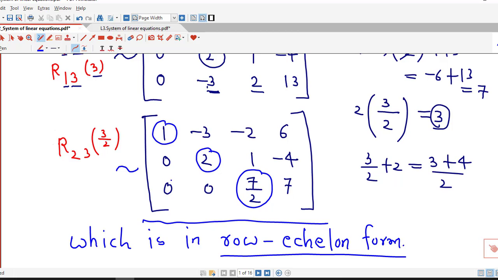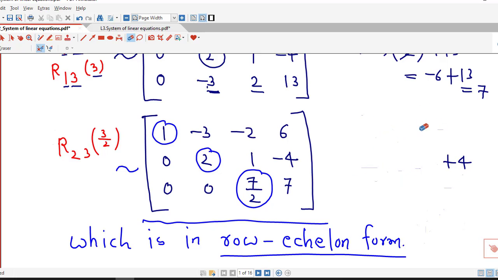And here we are using the fact that if two matrices, say A and B, are equivalent, then the systems corresponding to A and B will always have same set of solutions. So that is the idea on which Gauss elimination method works. If two matrices are equivalent, then the systems corresponding to those two matrices have the same set of solutions.